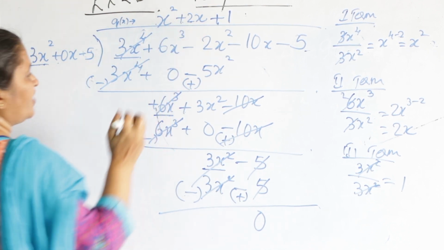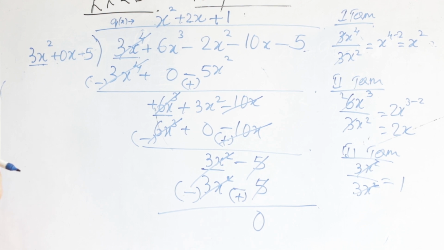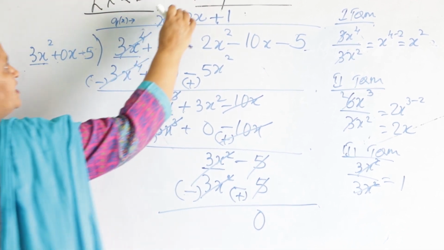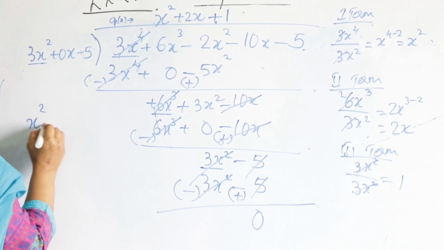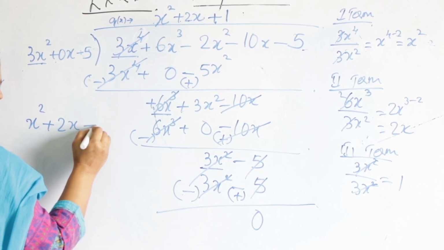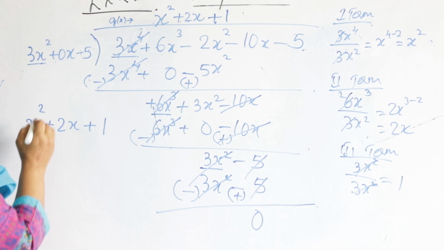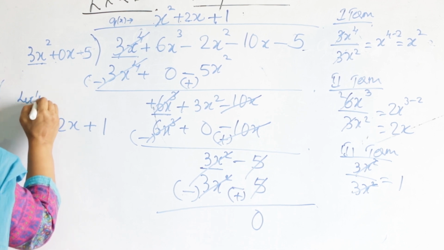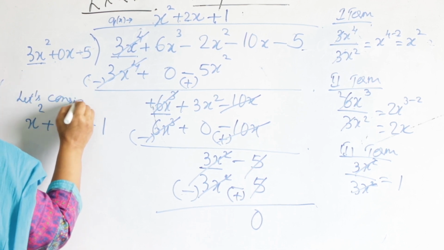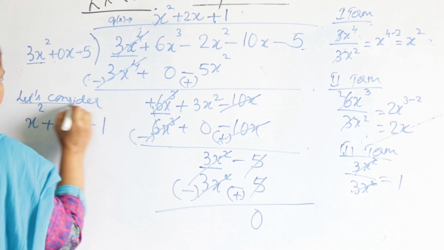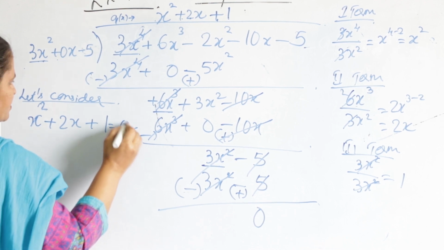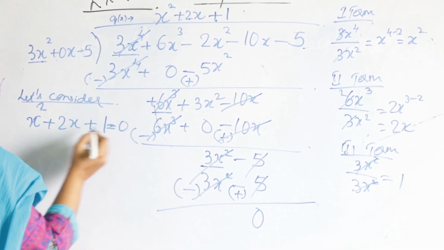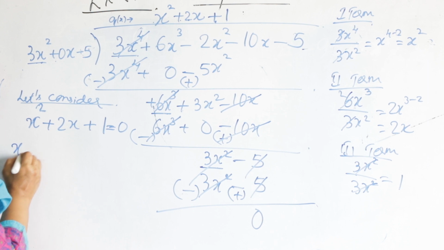We have to find 2 zeros. We still haven't found 2 zeros. Now, let us take this now. X square plus 2x plus 1. Okay, let's consider x square plus 2x plus 1. Now, this is a quadratic polynomial. We do splitting the middle term.